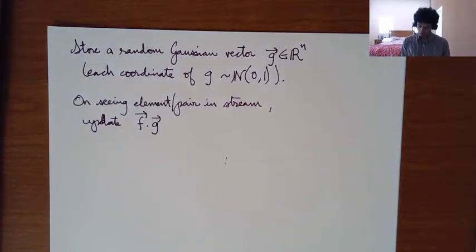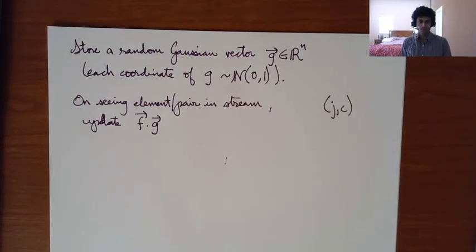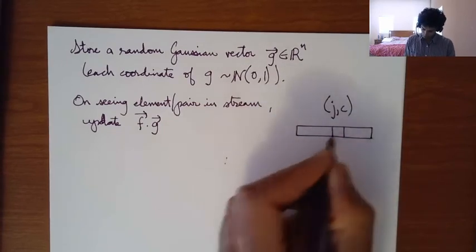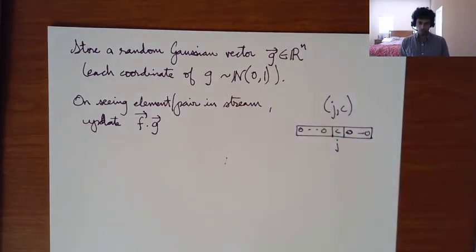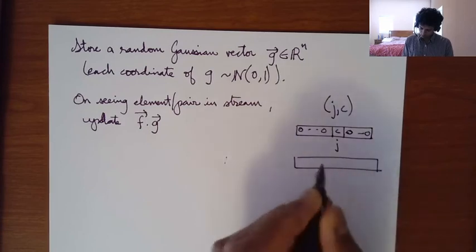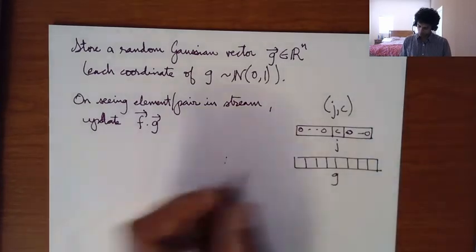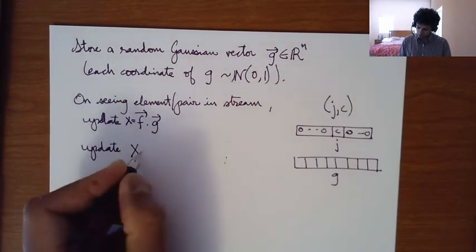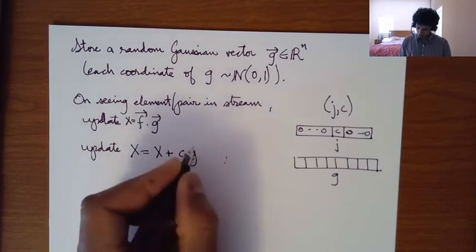So formally, if you saw the element (j, c), you can think of this as adding a vector where the jth coordinate is c and all the other coordinates are 0. And if you think of what G is, just a collection of random Gaussians, the update is x equals x plus c times G of j.